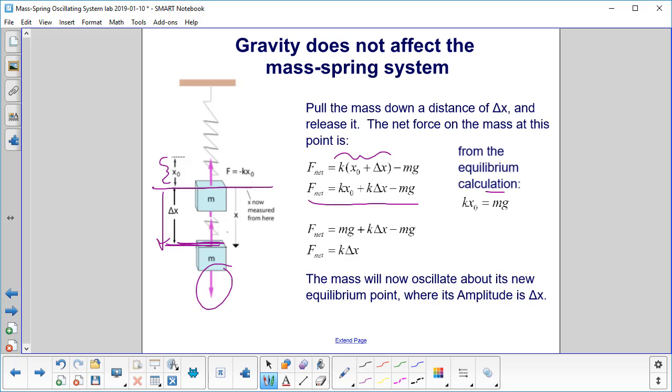On the previous slide, we found in our new equilibrium, kx0 is equal to mg. So we're going to go ahead and plug that in over here. So now we have F net is mg plus k delta x minus mg, or the net force is now k delta x. The mass will now oscillate about its new equilibrium point, right over here, and its amplitude is delta x.